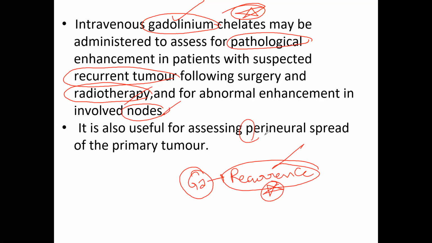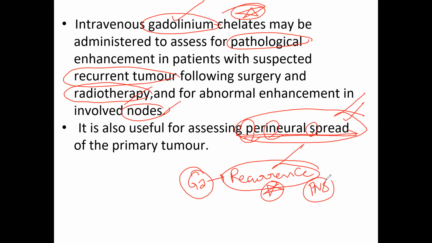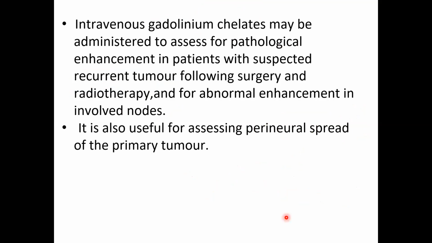It also helps in perineural spread, like adenoid cystic carcinoma, as we have seen in the case of the parotid and salivary glands. So recurrence is number one, also perineural spread. The important point here is gadolinium contrast helps in seeing recurrence.